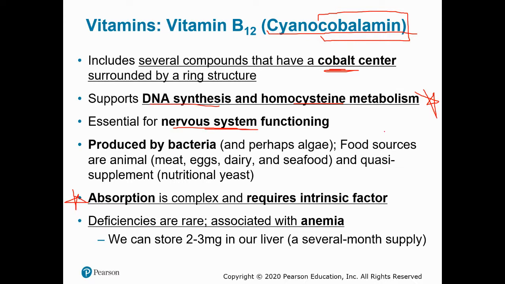So B12 is very unique in terms of food sources. We now know that B12 is actually made by bacteria and possibly some types of algae, but we don't have a ton of information on that at this point. These bacteria can live in the soil, and they can also live in some mammalian guts, like cows, for example. So a lot of people get their B12 from meat because there's bacteria that live in the gut of these animals.